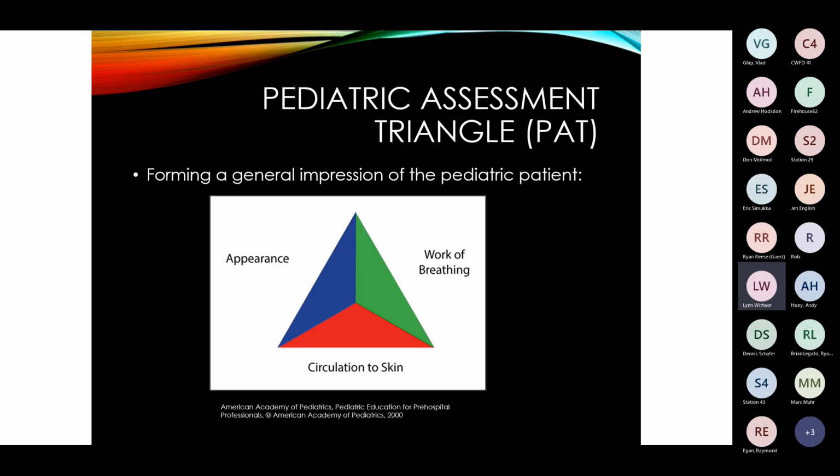First thing is to look at, this was developed in 2000 by the American Academy of Pediatrics. It is the pediatric assessment triangle, and it's essentially the quick gestalt view of looking at a child to decide if they're sick or not sick. Along with the scene survey, it's the first thing you're going to do.